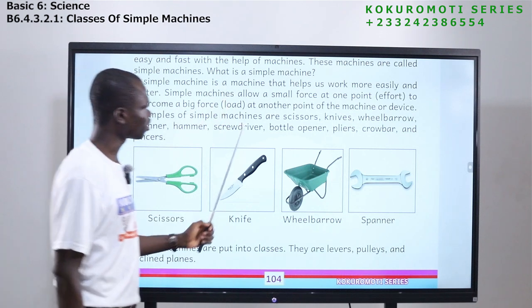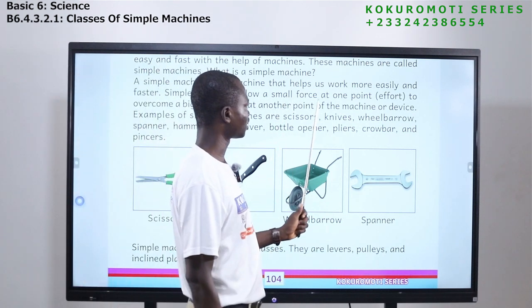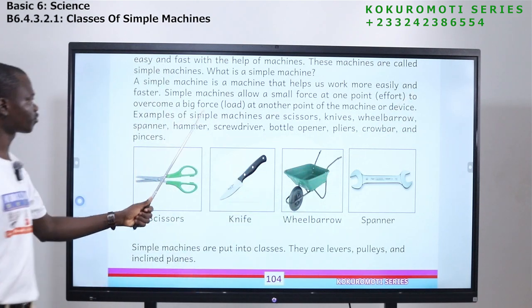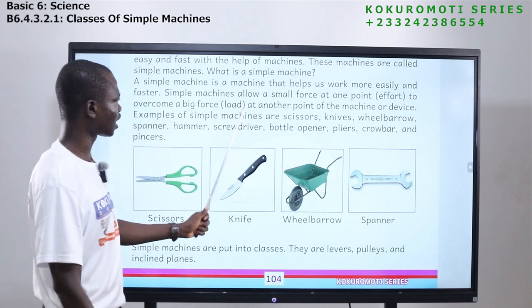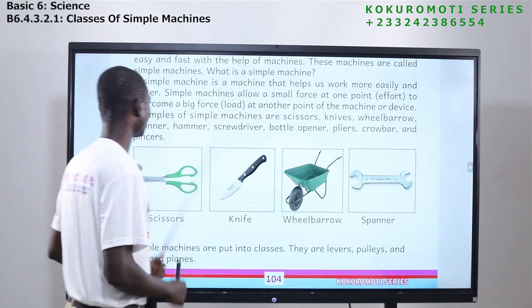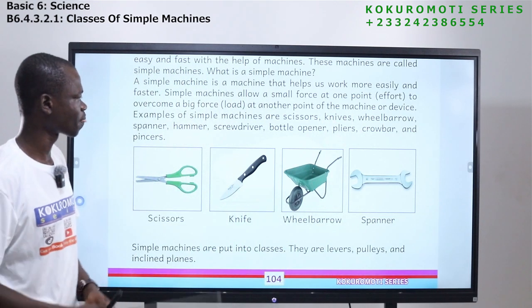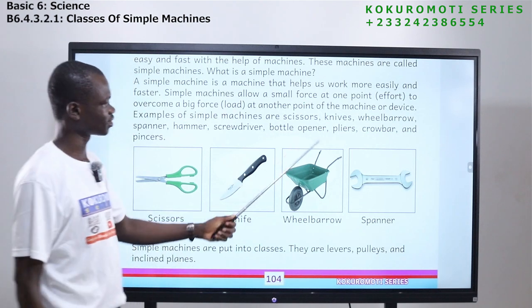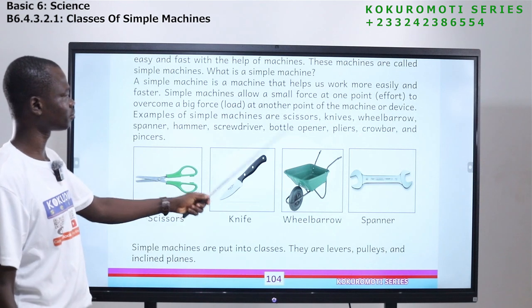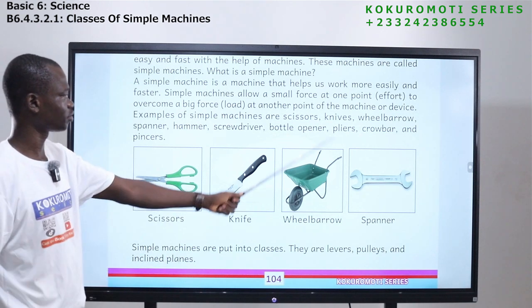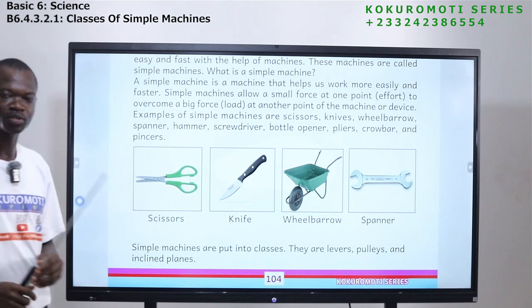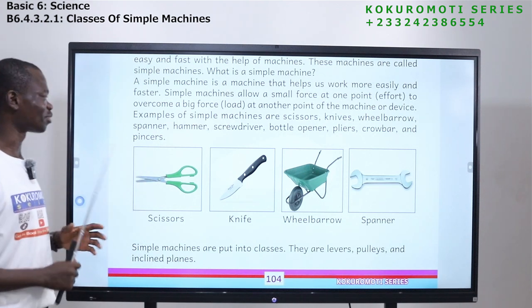Simple machines allow a small force at one point, that is effort, to overcome a big force, that is load, at another point of the machine or device. Examples of simple machines are scissors, knives, wheelbarrow, spanner, hammer, screwdriver, bottle opener, pliers, crowbar, and pincers. There are more, but these are examples that we can provide.